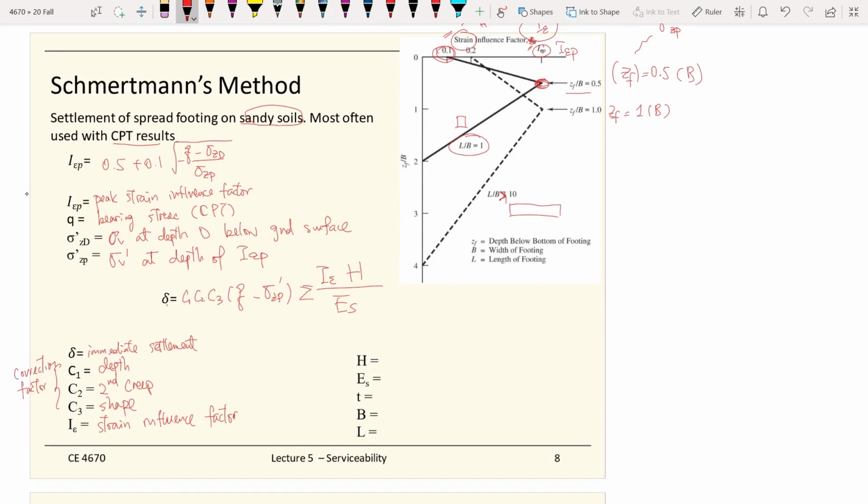The particular location we are looking at will be at the midpoint of the layers. So this method requires you to divide your soil profile into different layers. We will do examples to show you how to do that. When you get to that point, hopefully it will make more sense to you. You have many of these numbers because you have many different layers, and we will look at the midpoint.